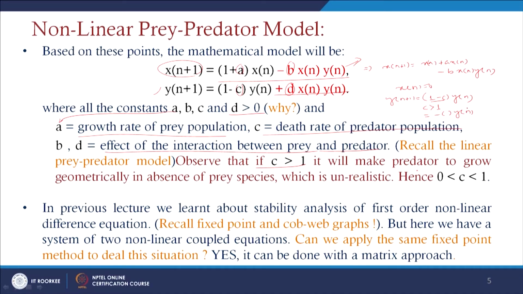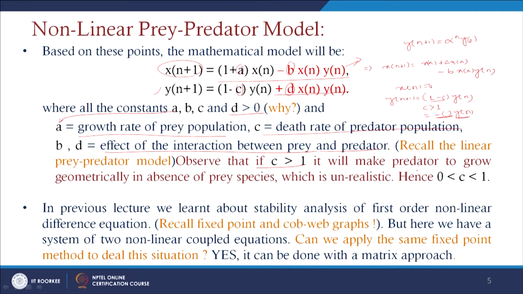Especially if you see our earlier model, in the case of nonlinear growth we obtained y_{n+1} in the form of alpha to the power n times y_0. This means it grows geometrically in the absence of prey species, and here it is growing negatively. Negative growth does not make sense, so it is unrealistic.